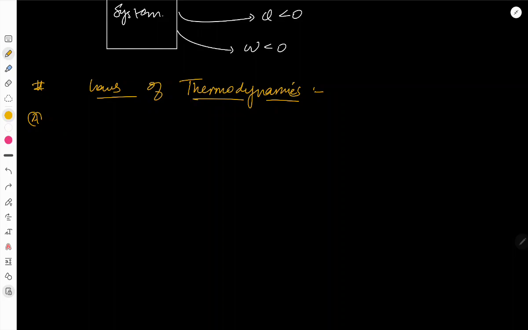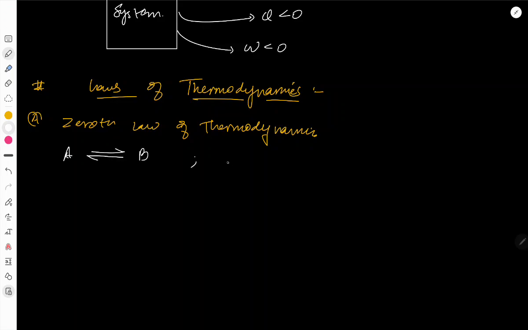One of them is not majorly counted, but still we'll write the 0th law of thermodynamics. It states that if system A is in equilibrium with system B and system B is in equilibrium with system C, then according to this law, system A would be in equilibrium with system C. This is an obvious point.